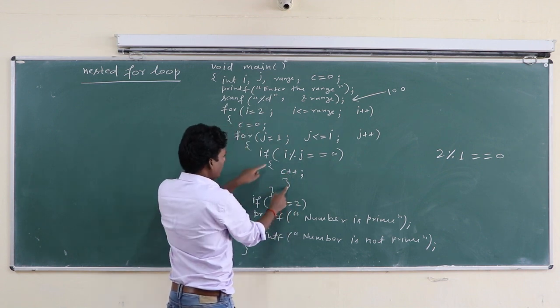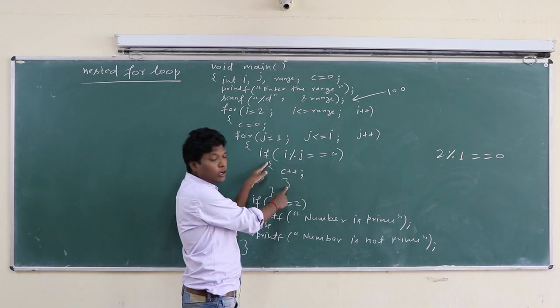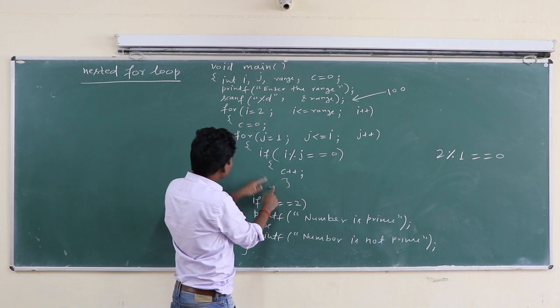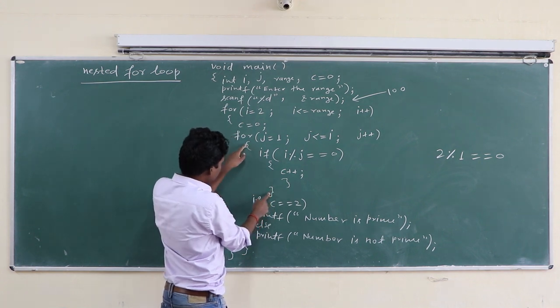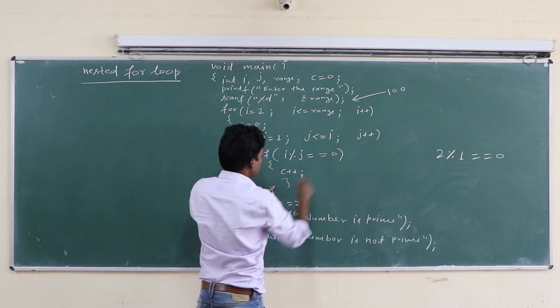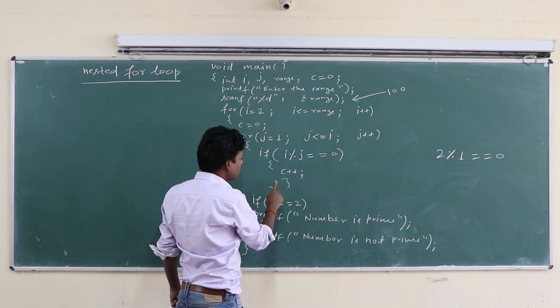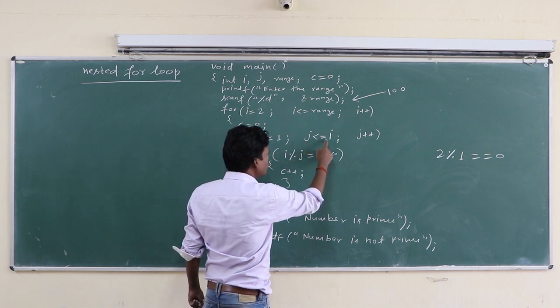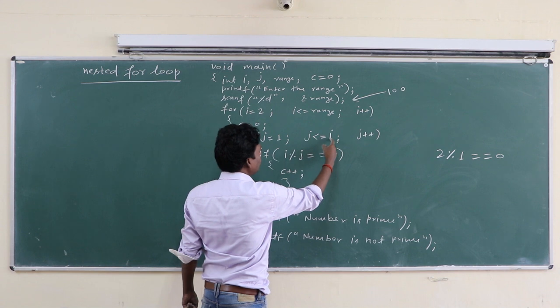Okay, the if block is closed here. It is an if statement, not a loop. Here is the loop, and this inner loop is closed here. Before the closing, j plus plus, and j becomes 2. Again test: 2 is less than or equal to 2, the equal condition holds.